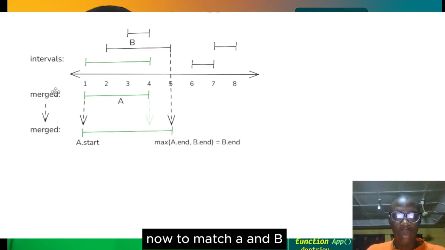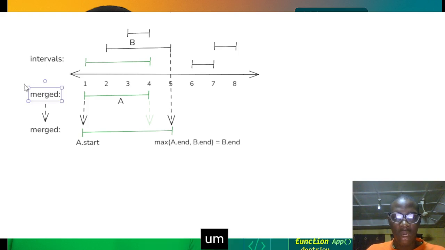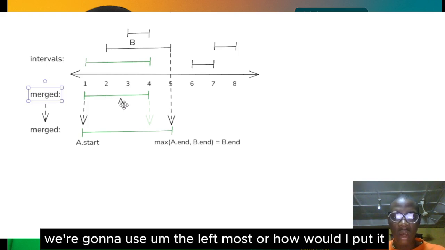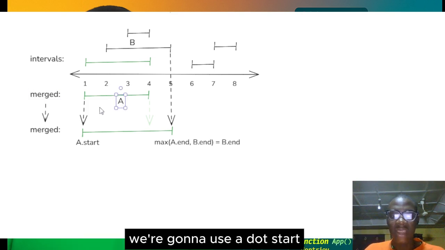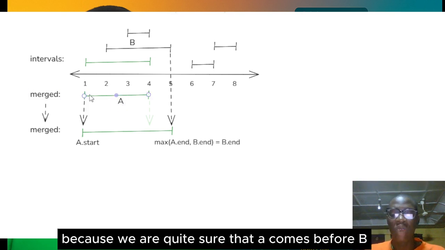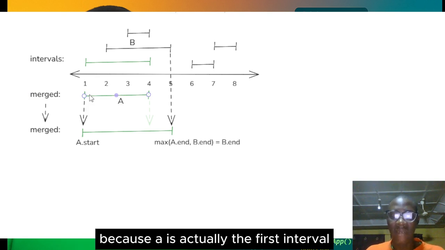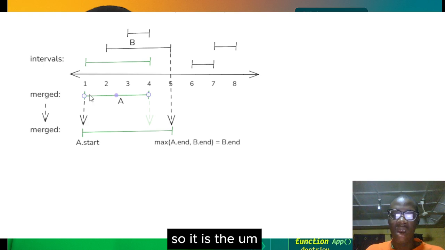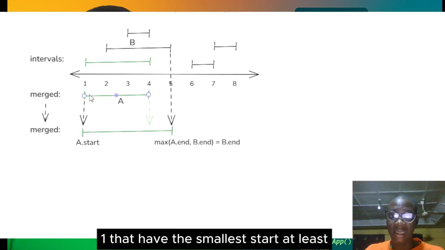Now to merge A and B, we are gonna use A dot start because we are quite sure that A comes before B, because A is actually the first interval, so it is the one that has the smallest start at least.